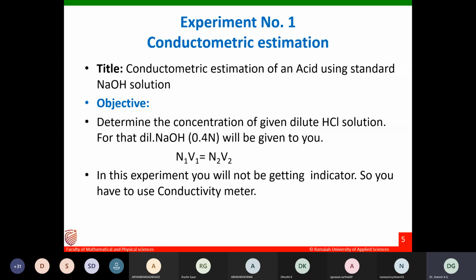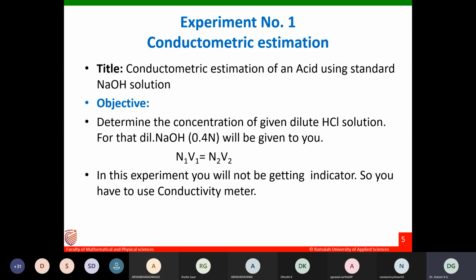No. Instead of that, I will provide you one conductivity meter. Using that conductivity meter, you have to find the concentration of an acid. Understood the question now? Any doubt? No, sir.